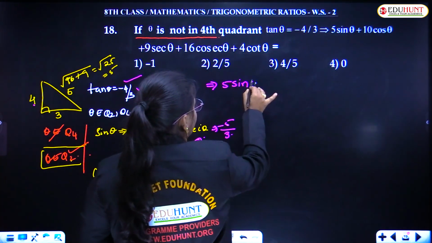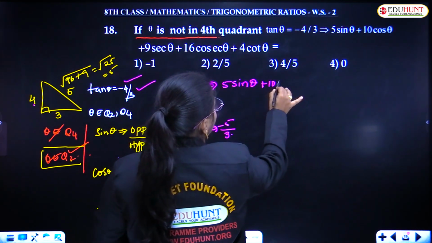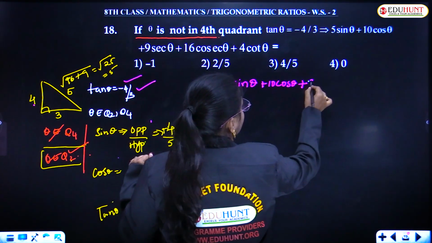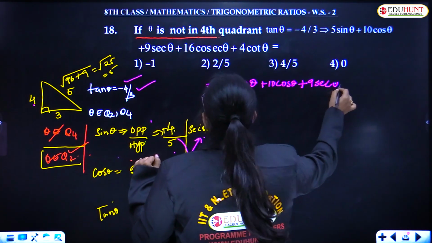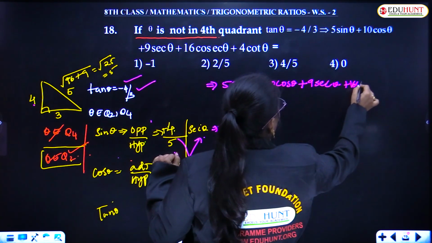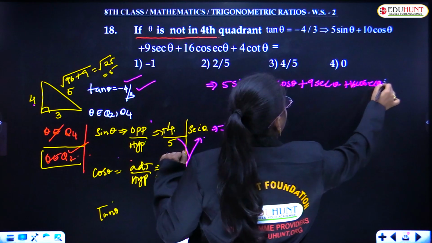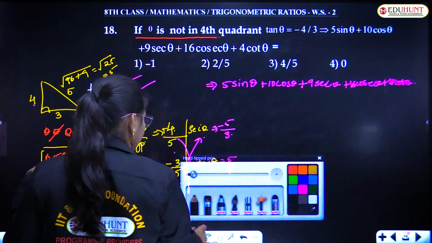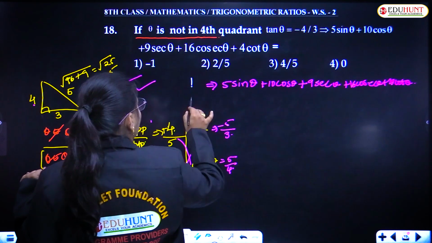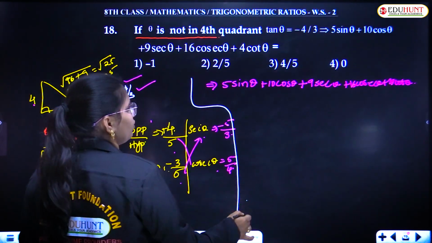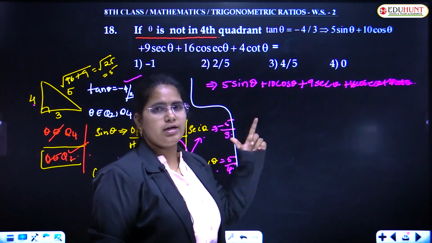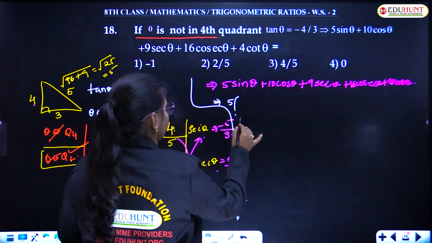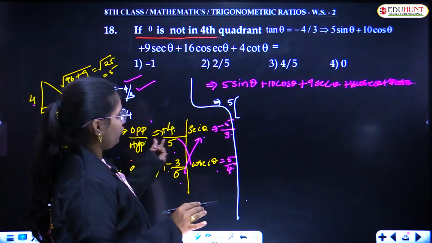The expression is 5 sin theta plus 10 cos theta plus 9 secant theta plus 16 cosecant theta plus 4 cot theta. Let's find it out. 5 into, what is the sin theta value? 4 by 5.